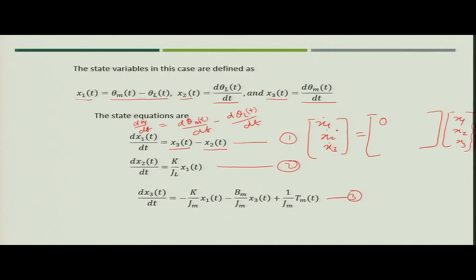For x1 it is 0, x2 is -1, x3 is +1. For second you have k by jl, rests are 0. For third one you write minus k by jm, 0, minus bm by jm. So, this is what you have got as matrix A.